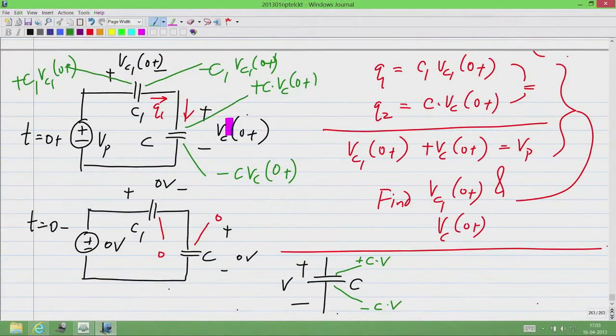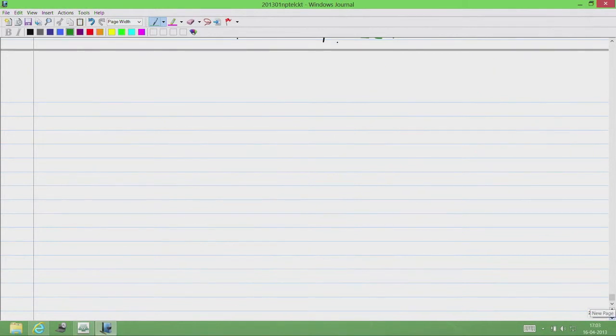Okay. Now, I will not discuss circuits with inductors in great detail, but let me outline briefly what happens. Okay.